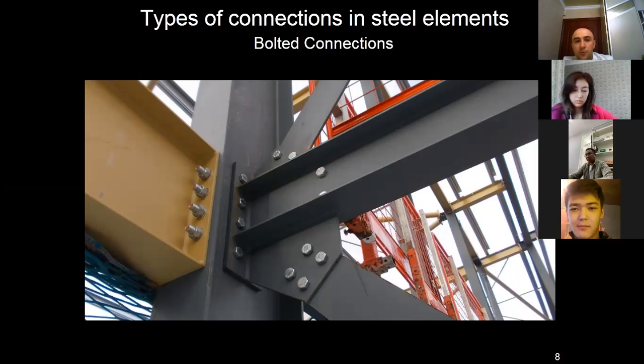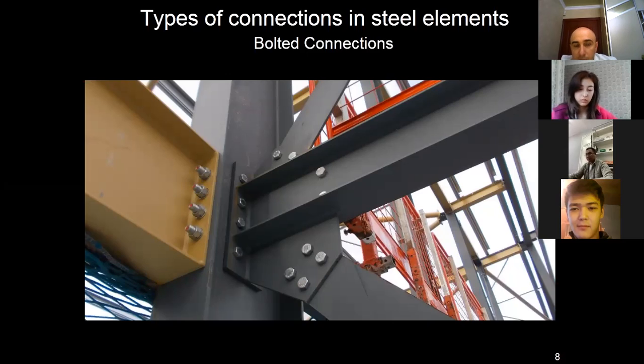Two types of bolts commonly used in construction are high strength steel bolts and the common bolts. So high strength bolts and the common strength bolts.